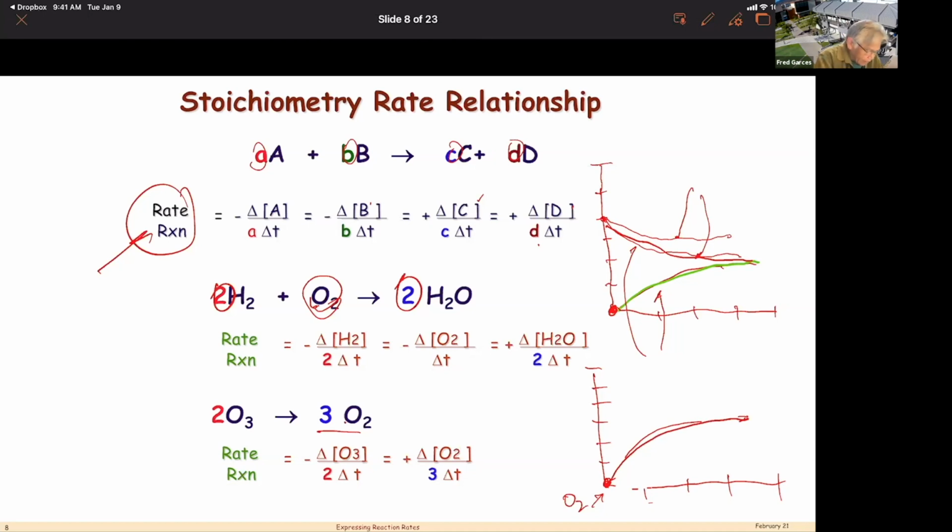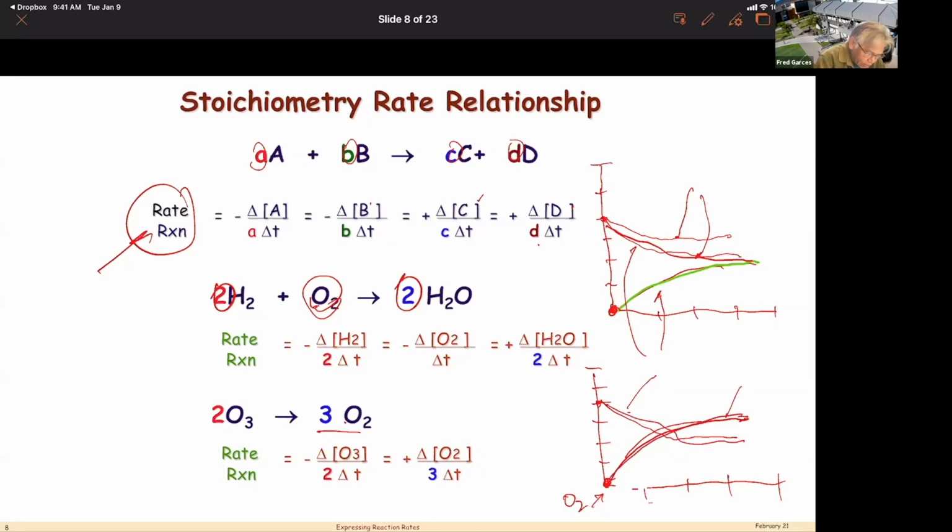And then for ozone, let's take a look at that. We can start right here, but it's going to be looking like that. This is about 2/3 the size of that.